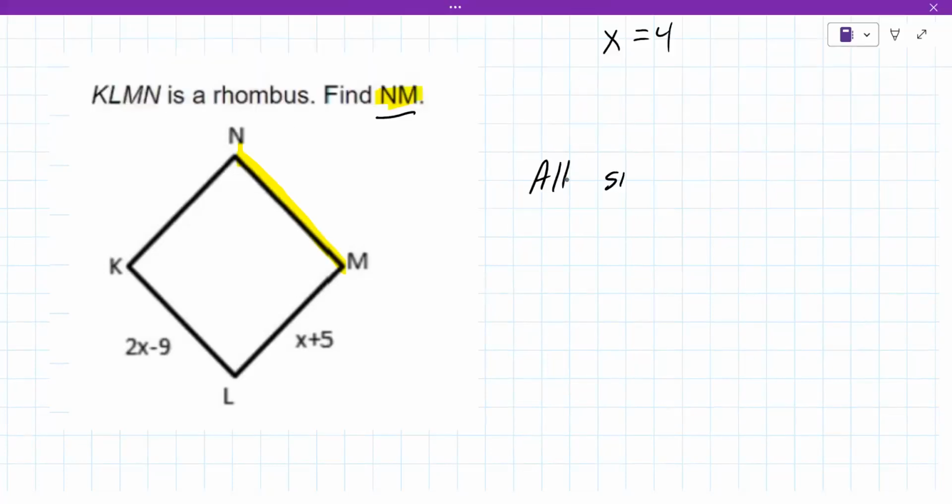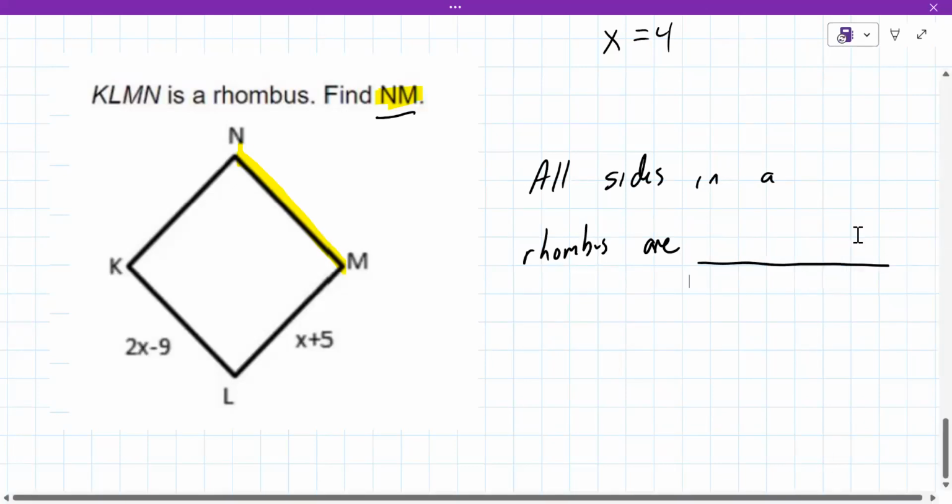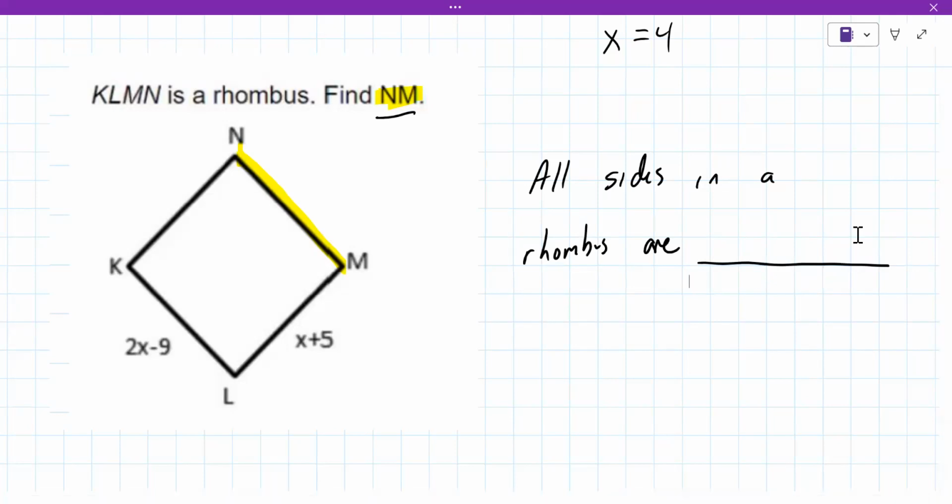I'm asking how they relate to one another.